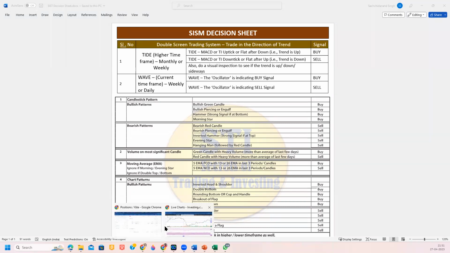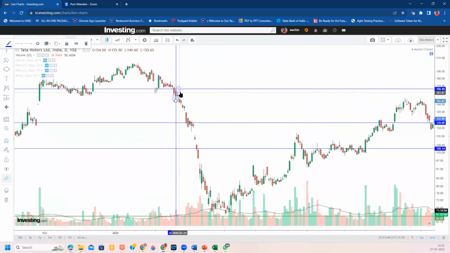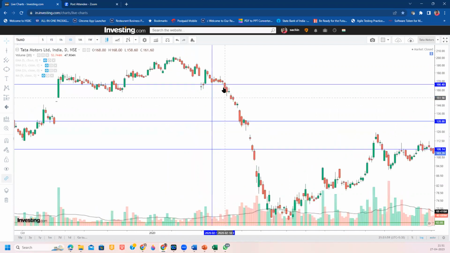If you look at the chart, this is the daily time frame chart. I'll just remove this so that we can look into the candle properly. This was the candle we are talking about, 19th of February. If you zoom in on the candle, it is a clear bearish candle.